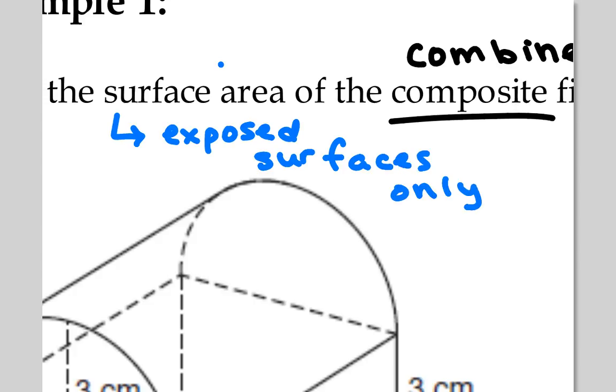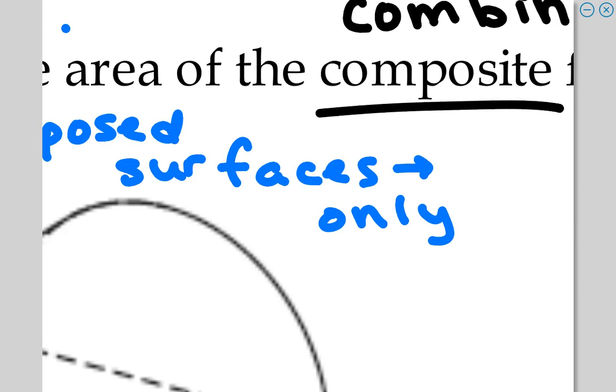It's the stuff you can see on the outside. Okay? What is a surface? A surface is a face. You're looking for the faces on the outside. That's what you're looking for.